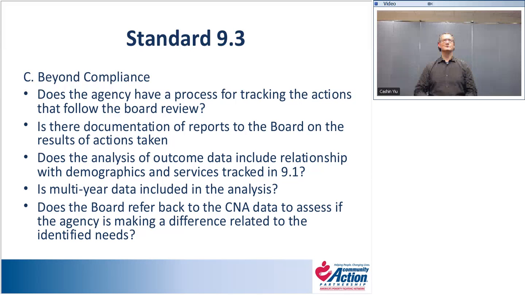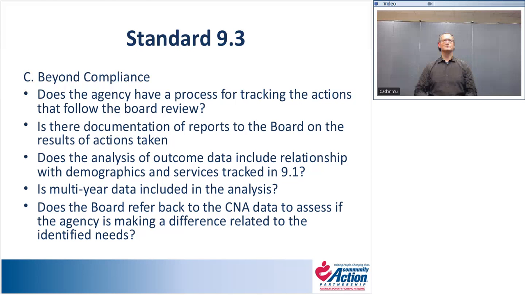But really, you need to think about the relationship between the data referred to in 9.2 and that referred to in 9.1, because it's the relationship between the outcomes, the demographics, and the services that is really going to help you with your analysis of the data. And then the idea of multi-year tracking. Is there analysis of this data over more than one year?